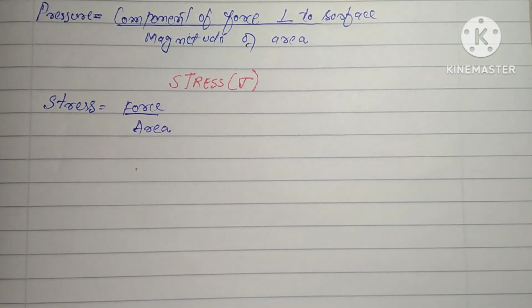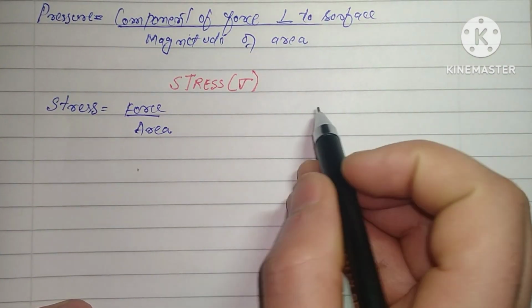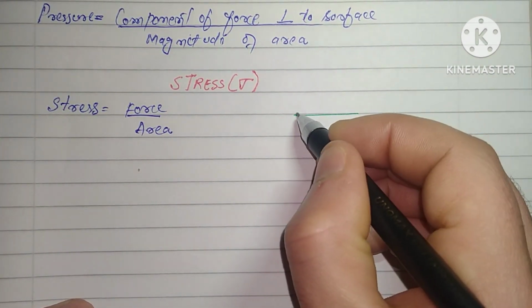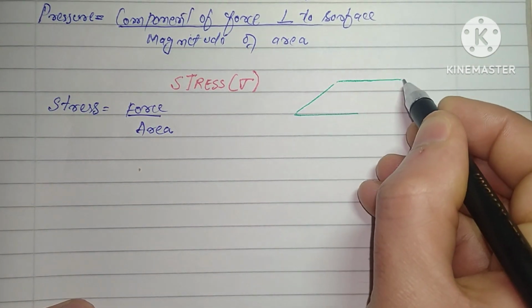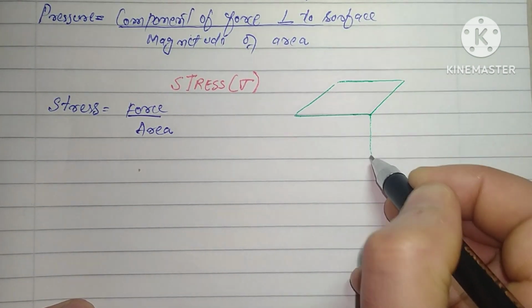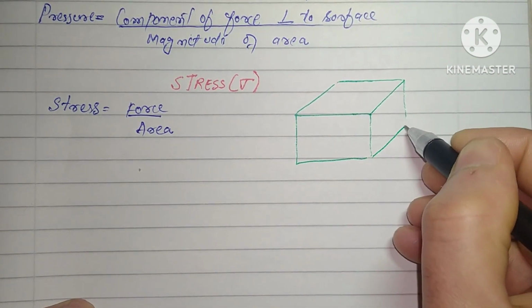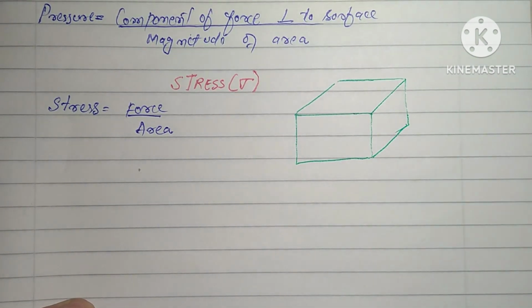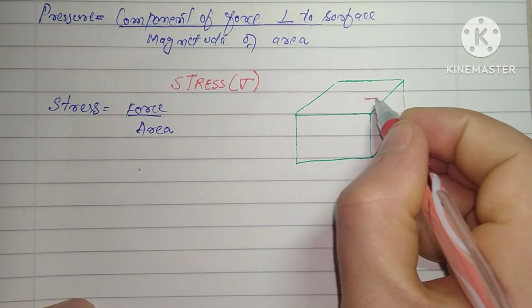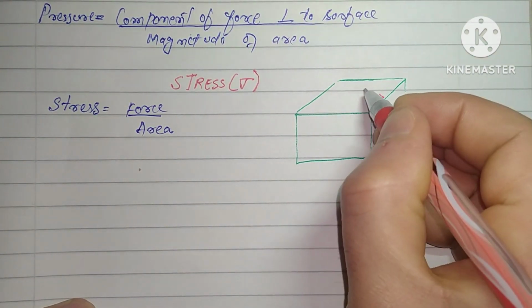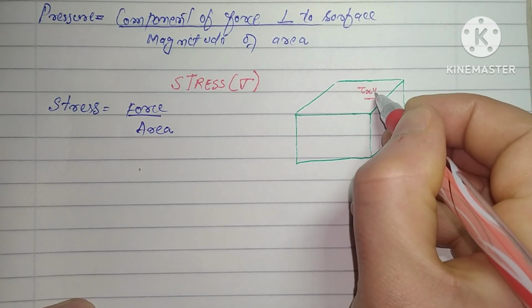Take an example, if this is the body and here it acts as the shear stress, suppose tau xy.